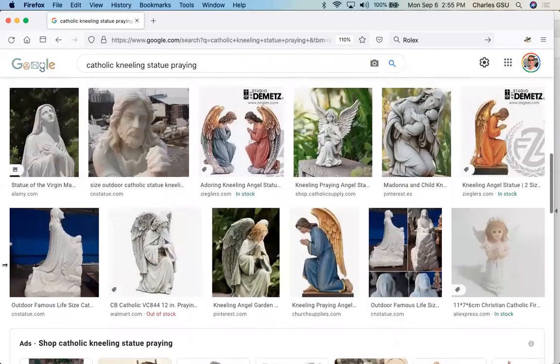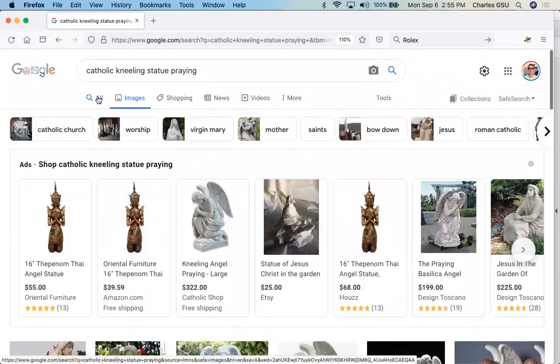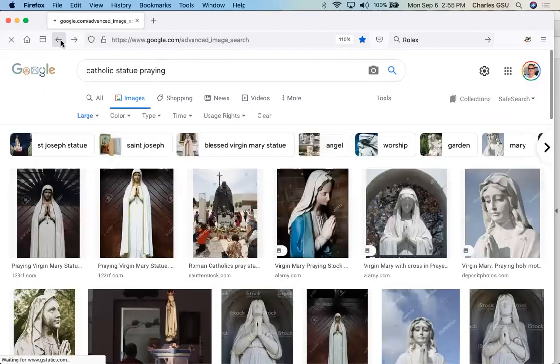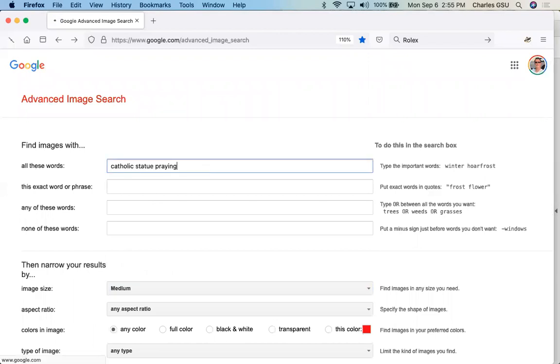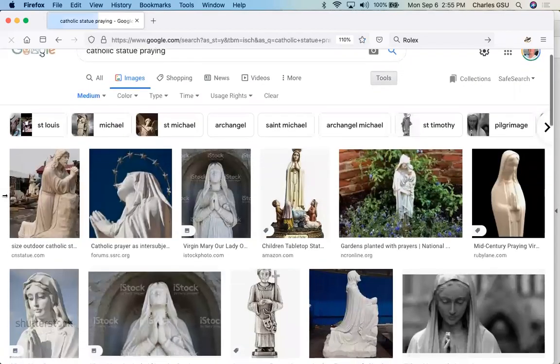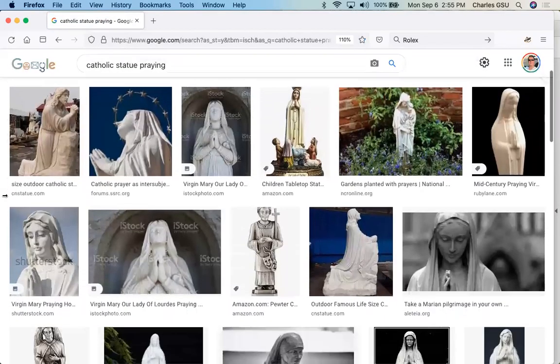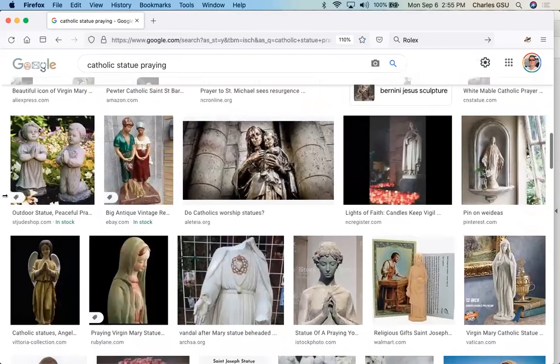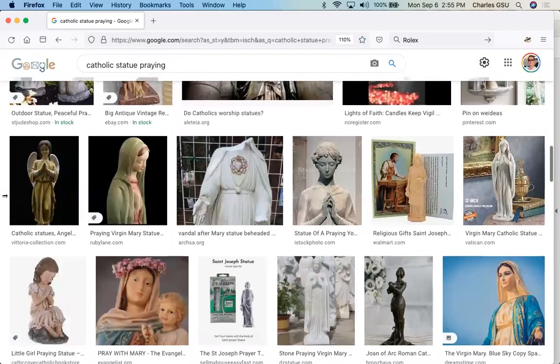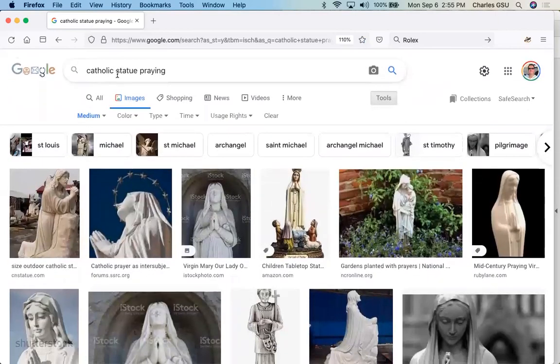These are all statues of kneeling. I try to use Google Images just for quickly showing you what I'm talking about, because I know some of you may not have ever been inside a Catholic church.